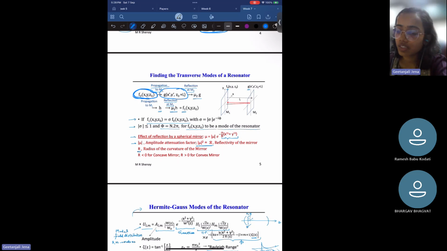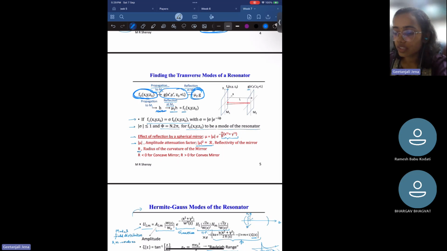Now from this mirror, it will get reflected, and a factor mu2 will be added due to the reflection from the second mirror. And this mu2 G will again propagate to the first mirror. So when it reaches the first mirror, we'll again have a field distribution H. We can get it from the Kirchhoff integral again.